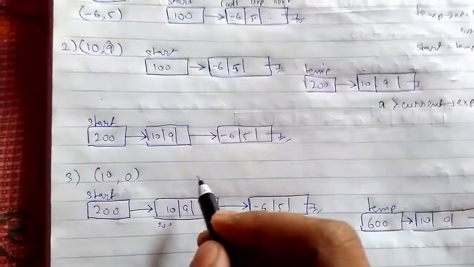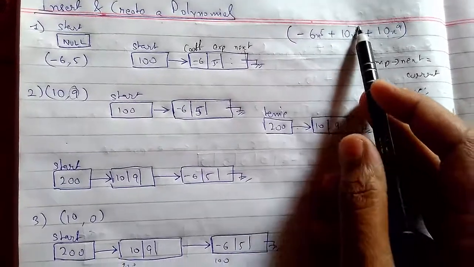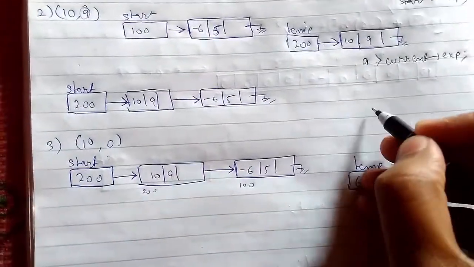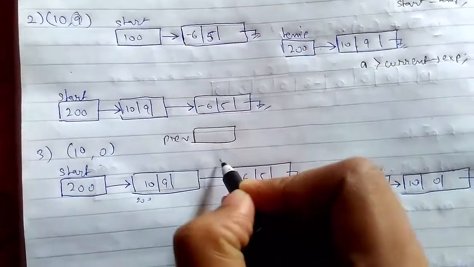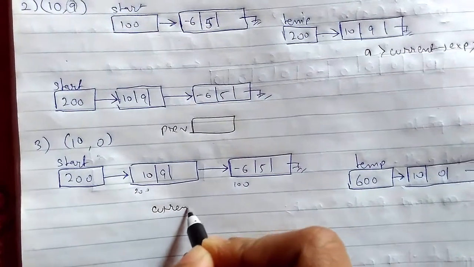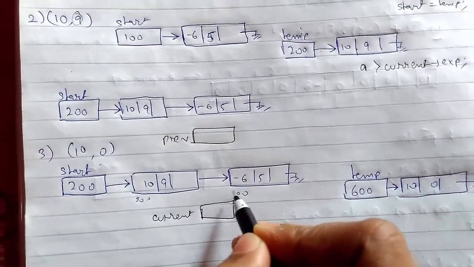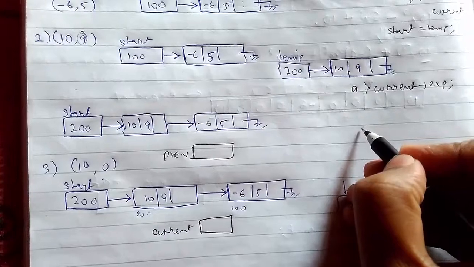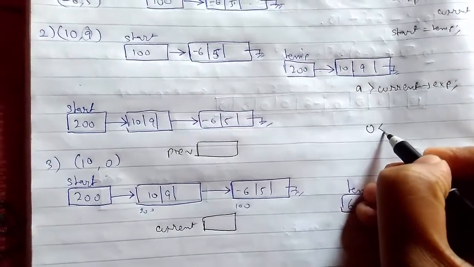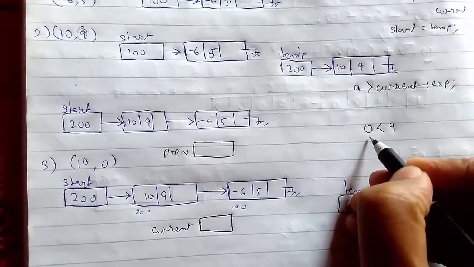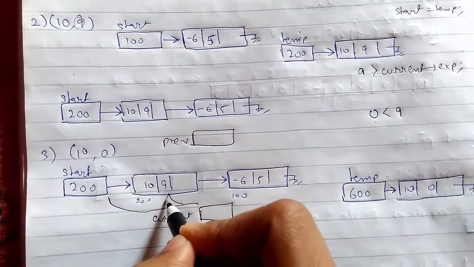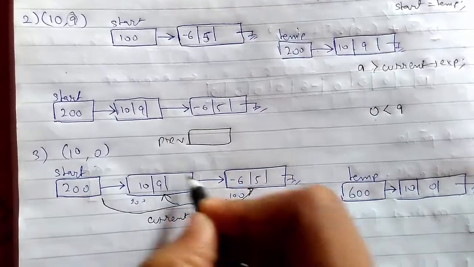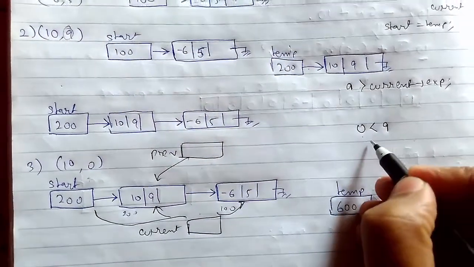For other cases, like when we need to insert this part, 10 into x to the power 0, again we will use two pointers here, previous and current. First it will check whether 0 is less than 9. Yes, it is, so it will move forward. Initially current was here, so it moved forward here, and previous is now here.